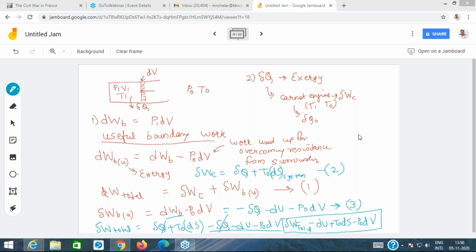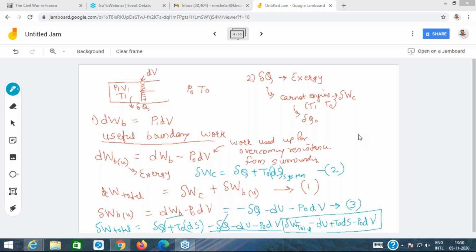How do you calculate the exergy of the work transfer? The work transfer in the closed system is the boundary work, right? But it is not simply the boundary work which has to be calculated if you want to consider the maximum work potential. This boundary work is done against the resistance offered by the dead state. That resistance is P0 dV.